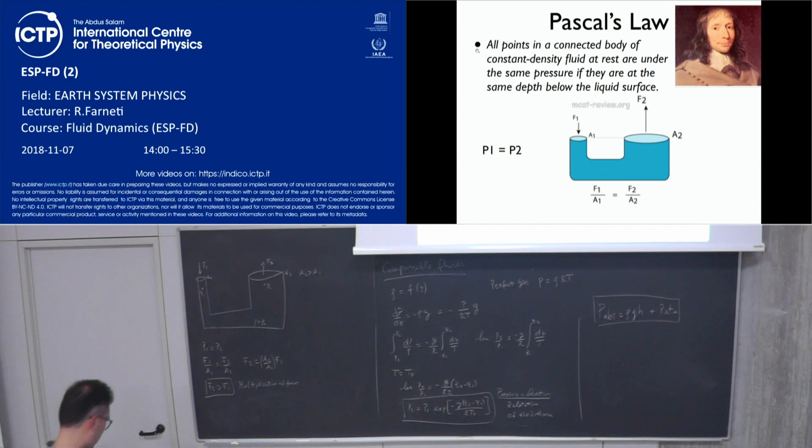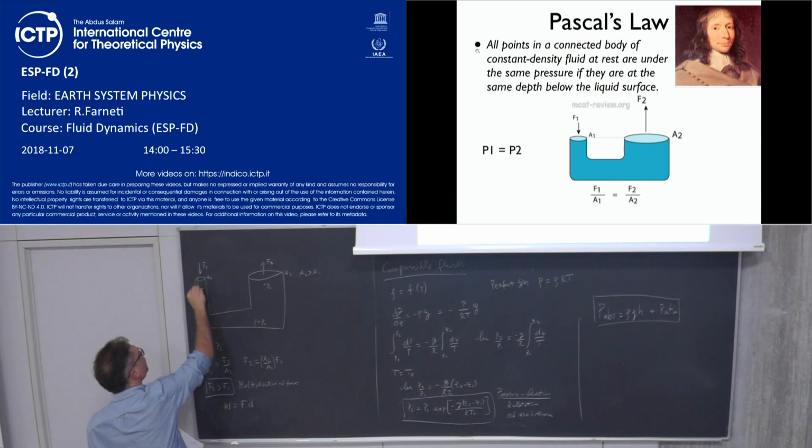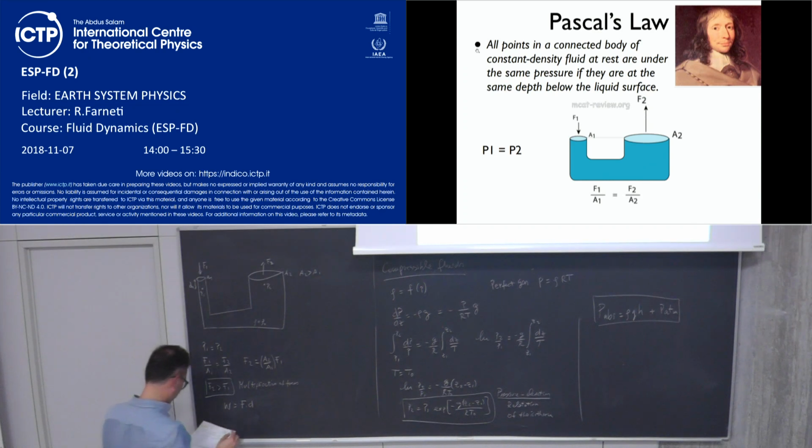Okay? So there's a very simple example of this. So think about work. You have work, which is equal to force F times some distance D. That's my work. And so the work that I do, F1 D1, must be equal to my work F2 D2.